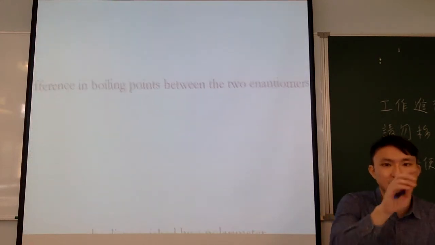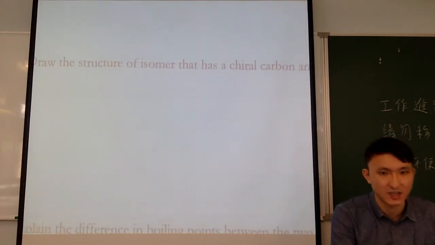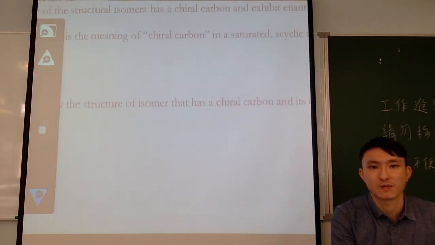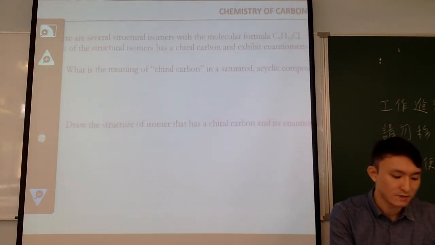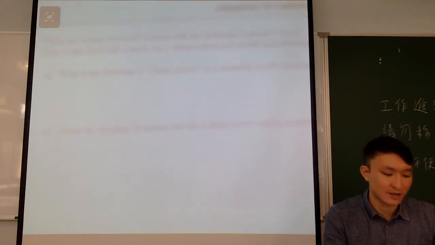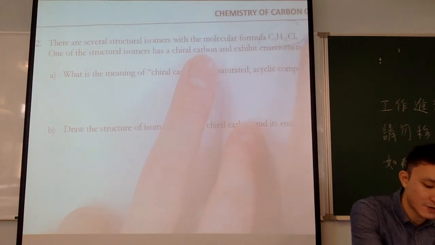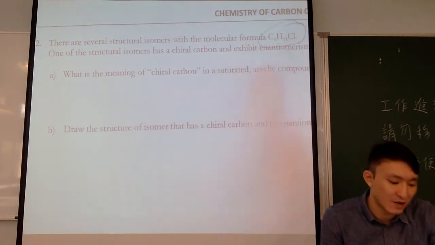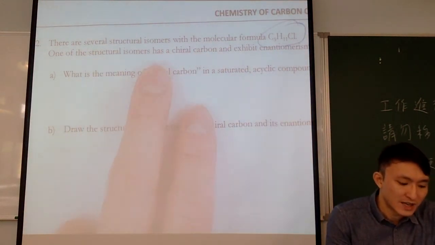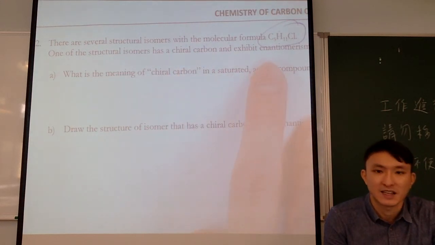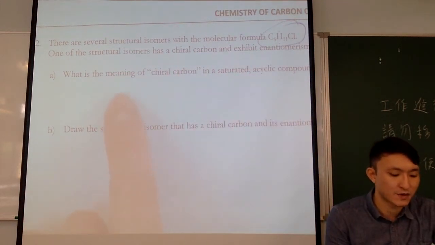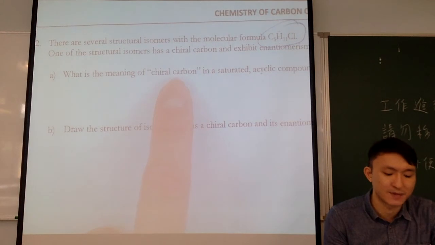Another question on the right hand side, a long question focusing on the enantiomerism and isomerism as a whole. So here, there are several structural isomers with the molecular formula C5H11Cl. One of the structural isomers has a chiral carbon and exhibits enantiomerism. Okay, so first of all, what do you mean by chiral carbon?